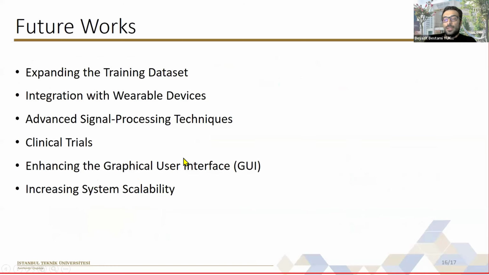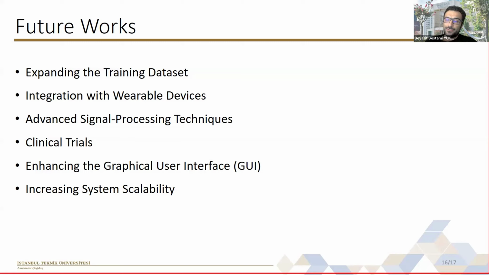I would like to talk about my future plans, and maybe anyone interested can collaborate. I would like to work on it. My future plans include expanding the training dataset for better accuracy, integrating wearable ECG devices for continuous monitoring, and improving the signal quality with adaptive filtering.